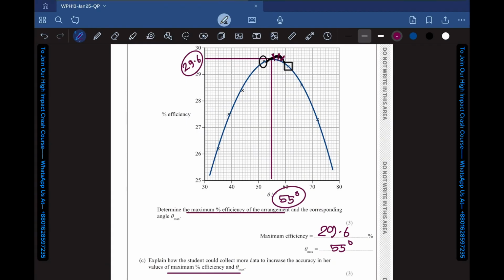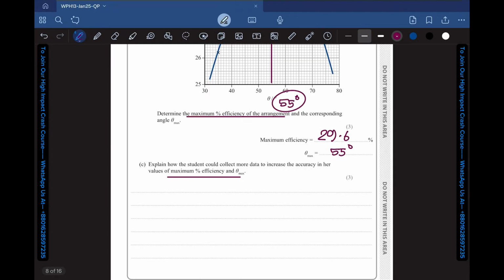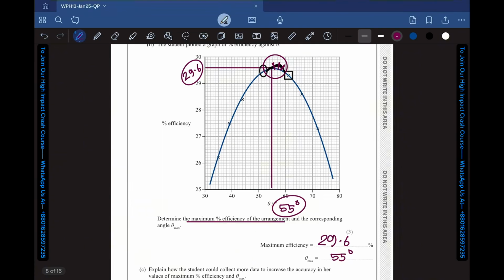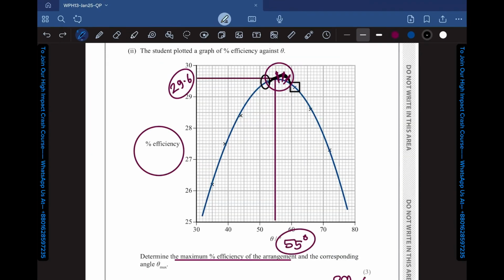So the student can measure more data at the top of the curve, or the best possible way to say this is around the peak of the curve, he can take measurements of more values around the peak of the graph, so that more accurate values can be calculated.